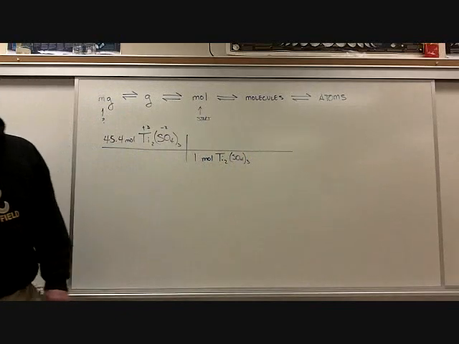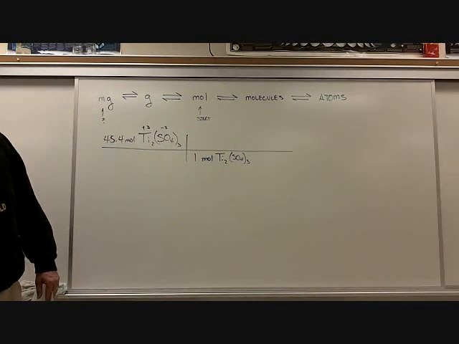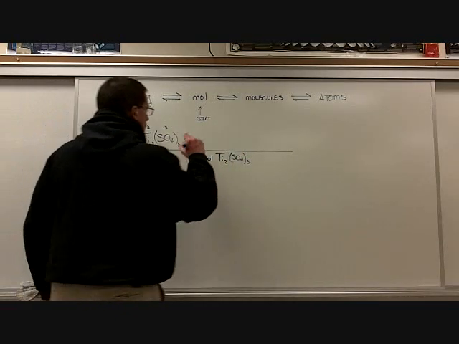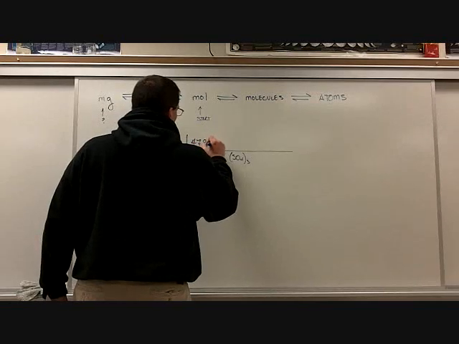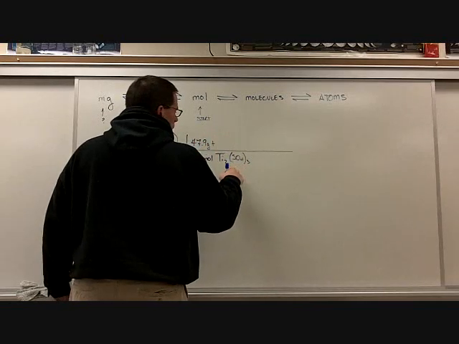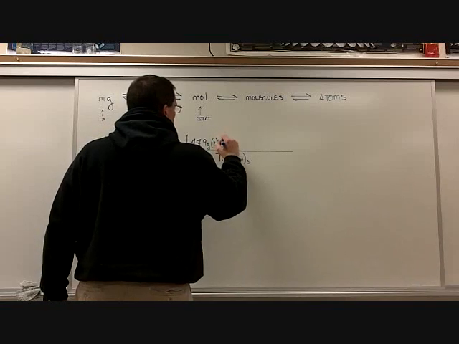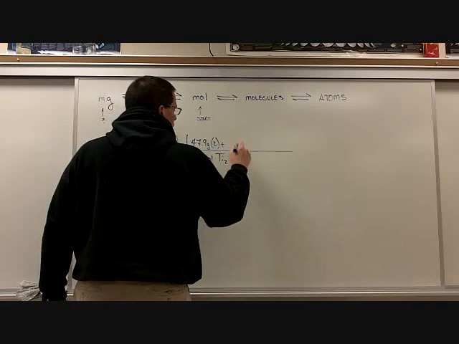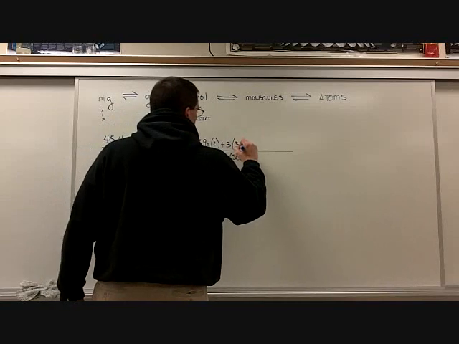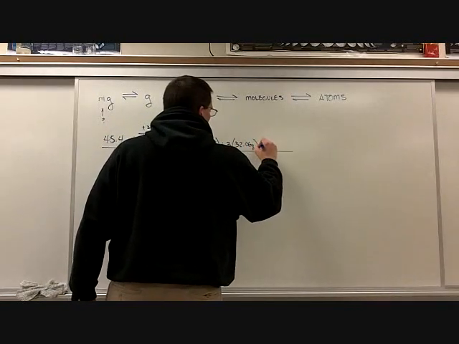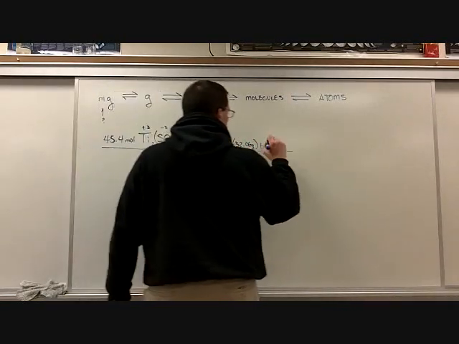And let's find those values. Titanium has a molar mass of 47.9 grams per mole. Plus, oh, I'm sorry, we have 2 of those, so we need to multiply that by 2. We have 3 sulfurs, so 32.06. We have 12 oxygen.